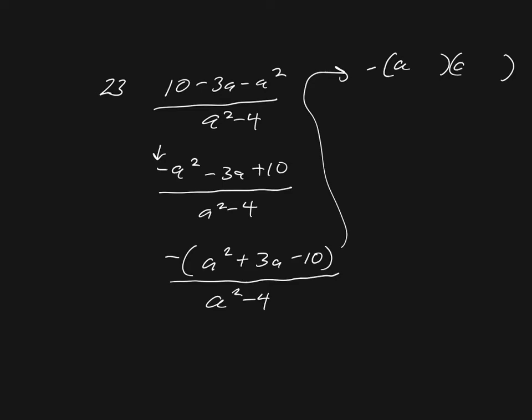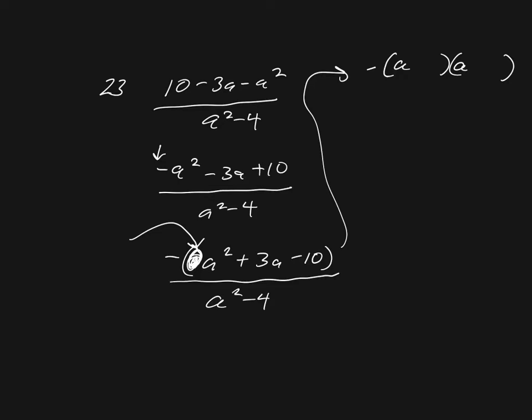The reason I am not splitting the middle term is that I want you to start learning that if there's only a 1 in front, you see this little space? If that space is a 1, then we can use the numbers that we would otherwise use to split the middle term and place them directly in there. We're just looking for two numbers that multiply to -10 and add to +3.